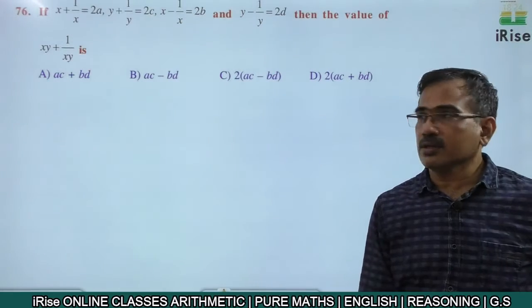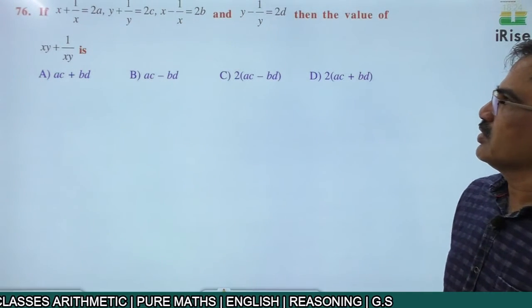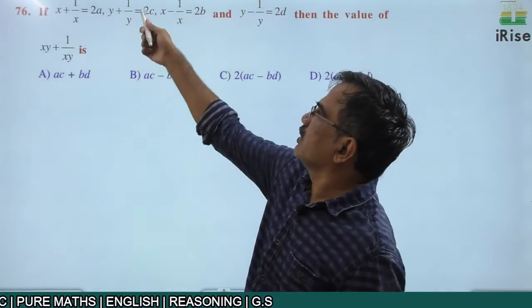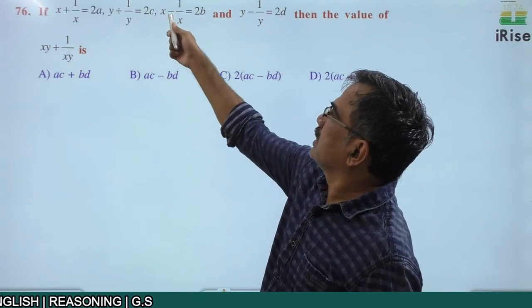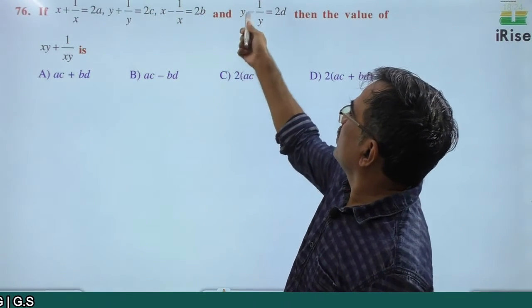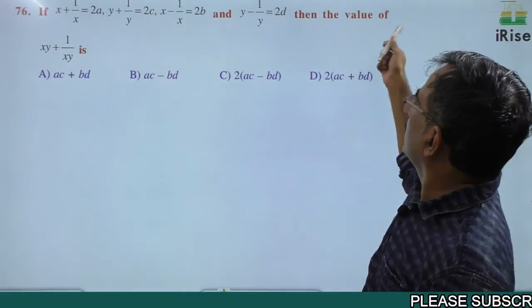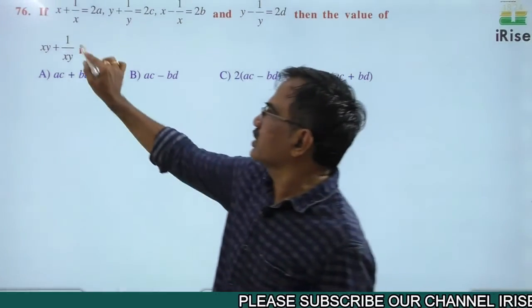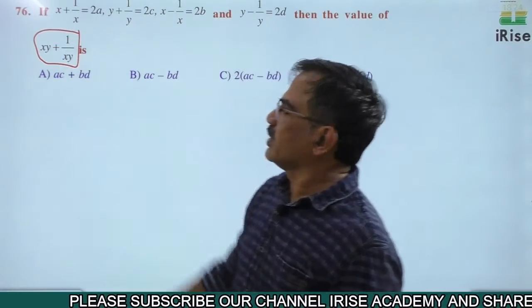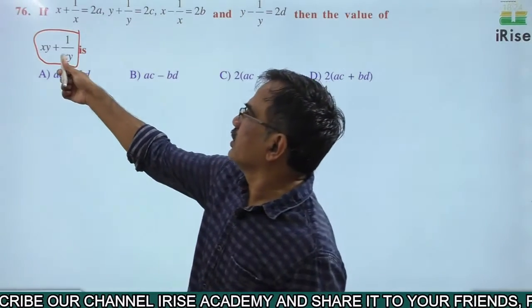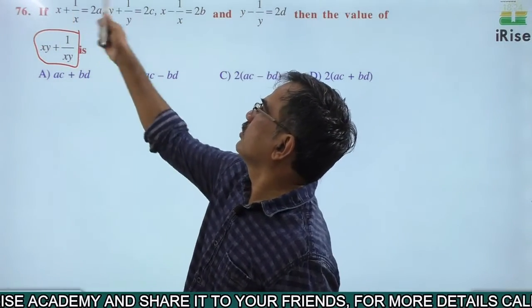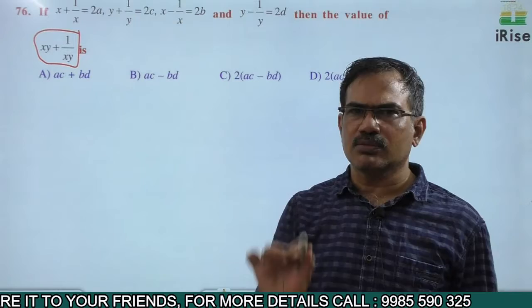See the next question. If x plus 1 by x is 2a, y plus 1 by y is 2c, x minus 1 by x is 2b, y minus 1 by y is 2d, what is the value of xy plus 1 by xy? See the question carefully. This is x into y, so you have to multiply these two. Very simple concept.